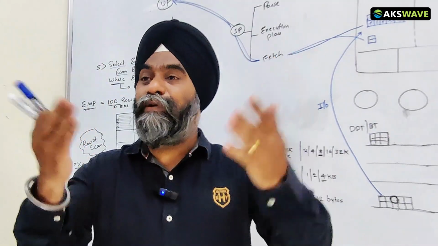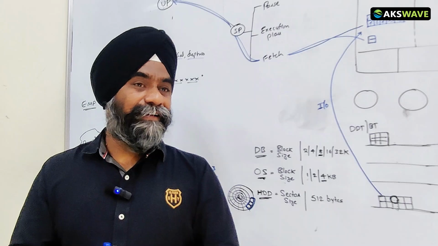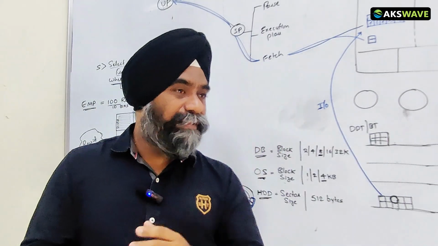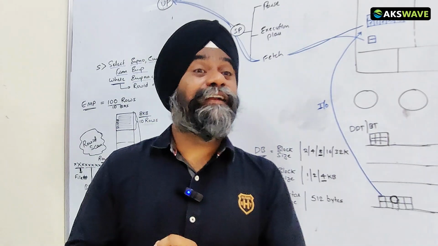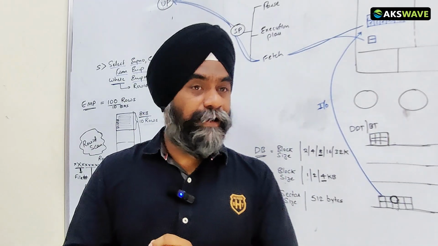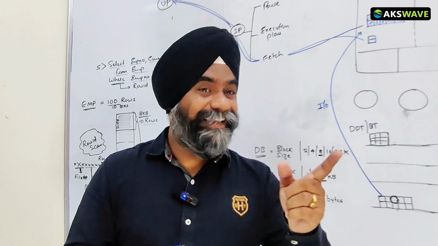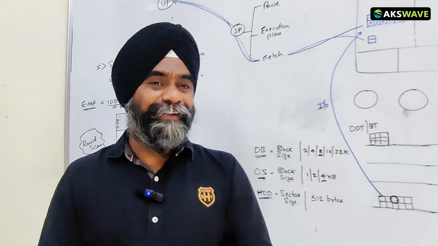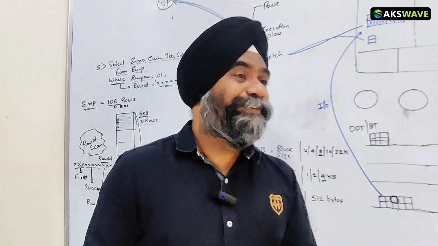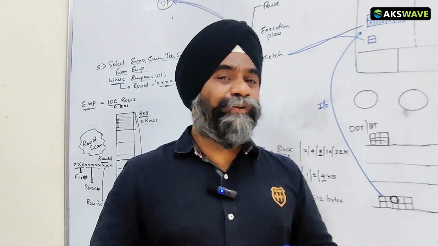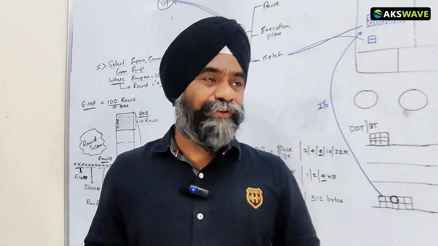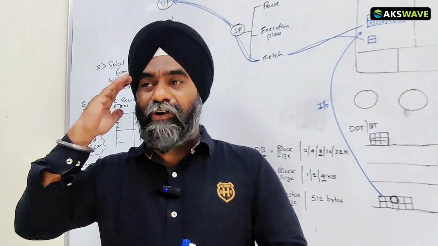A 16 digit value, who will remember it? Do you remember your Aadhaar number? It's not 16, it's 12. But do you remember it? No, because we don't use it in day-to-day communication. That's why it's not possible.